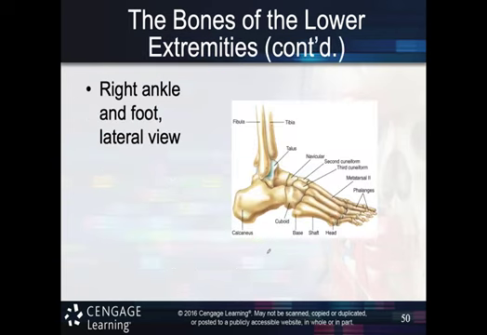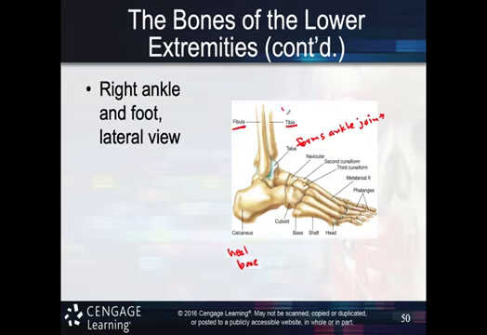So if you look here at the foot, right, you can see calcaneus is your heel bone, right? Then you've got the talus, which forms the ankle joint along with the fibula and the tibia.